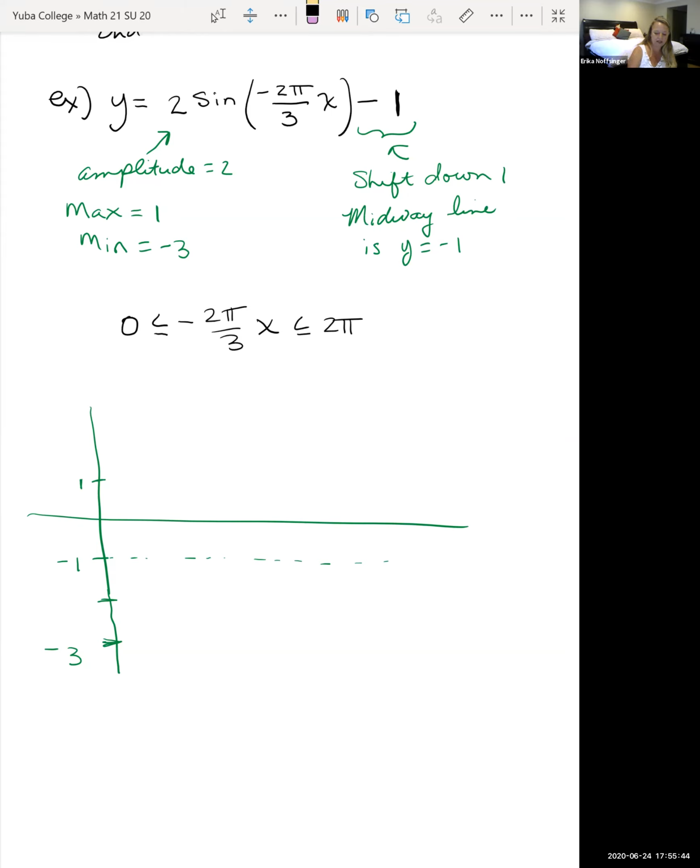To get that -2 pi thirds out from in front of the x, we're going to have to multiply by a negative. So we're going to multiply everything through by the reciprocal of -2 pi thirds, which is -3 over 2 pi.